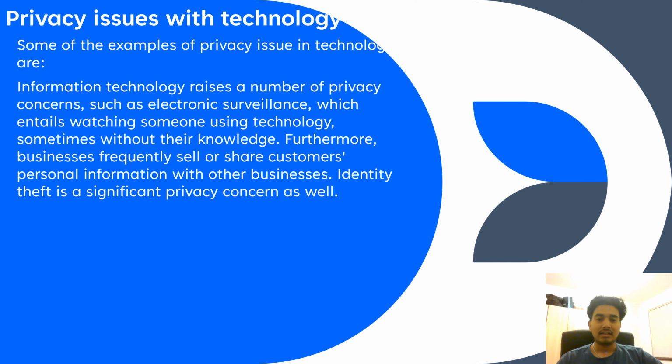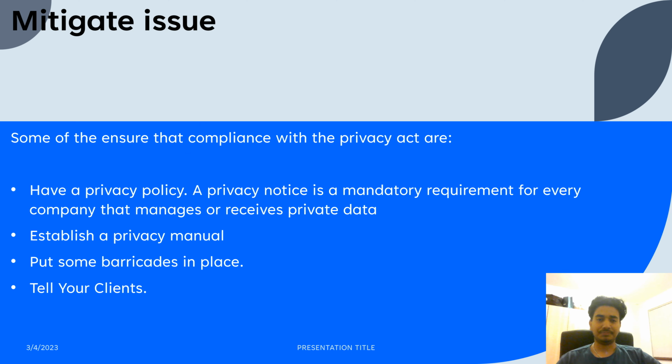Some examples of privacy issues in technology: information technology raises a number of privacy concerns, such as electronic surveillance, which entails someone using technology sometimes without your knowledge. Furthermore, businesses frequently share customers' personal information with other businesses. Identity theft is a significant privacy concern as well.